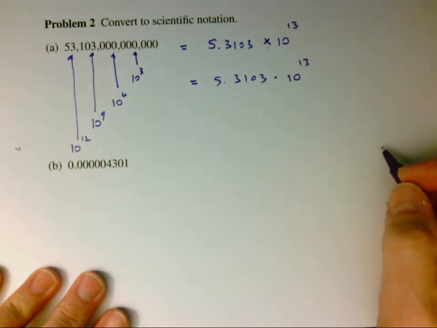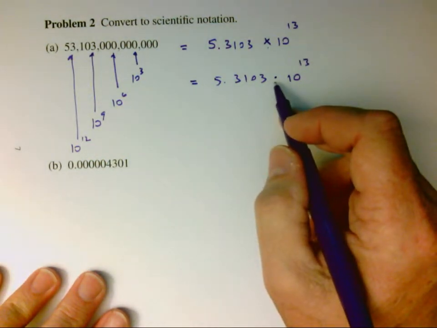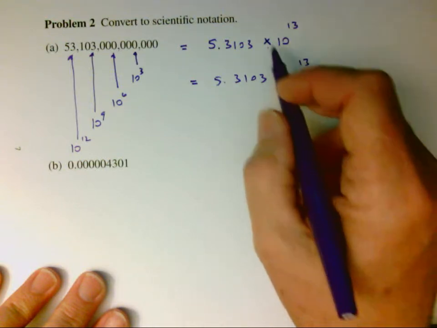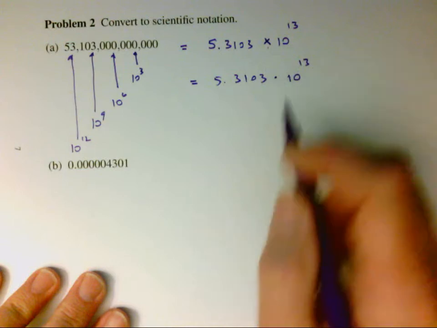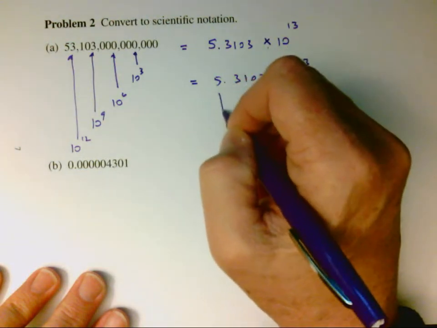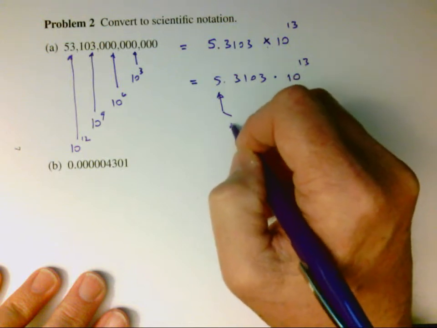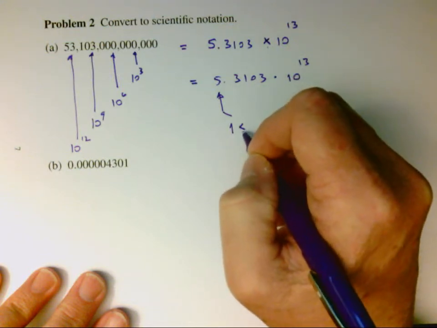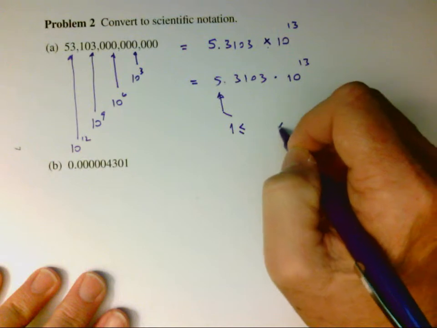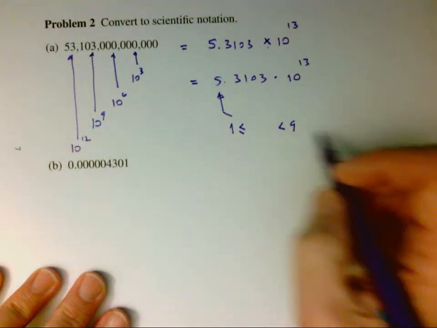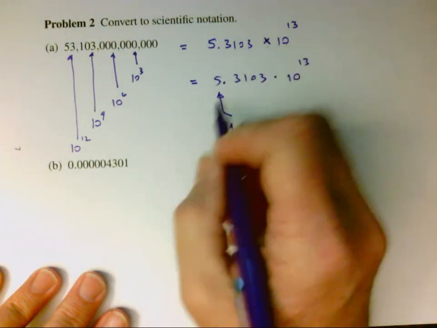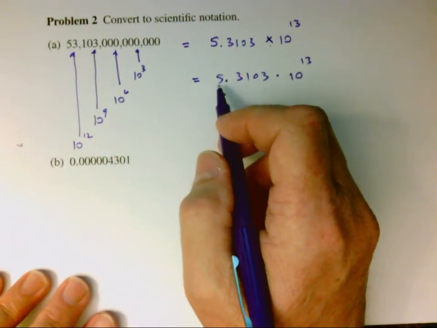You just have to make your dot clear. The dot is preferable if you've got the variable x running around. So if you have a factor of x in here, don't use the St. Andrew's cross, use the dot. Remember that in scientific notation, this number has to be bigger than or equal to 1, and it has to be less than 9. So it's got to be exactly a one-digit number on the left of the decimal point.